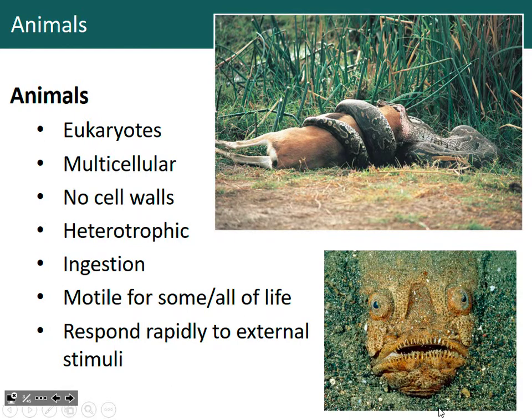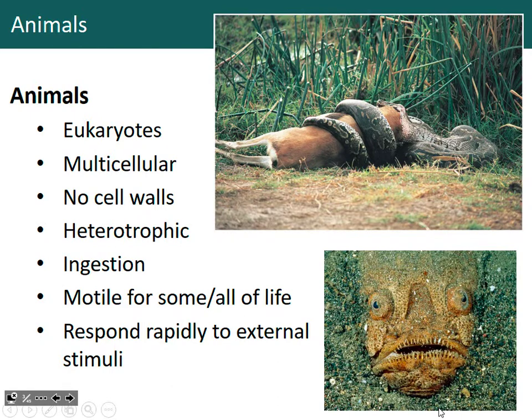And all animals are heterotrophic and conduct ingestion. And we'll talk a little bit about ways in which spiders are kind of an example, or don't directly ingest, but they do still do ingestion. So heterotrophic ingesters means that they have to get their food from other sources, and they have to bring that food into their body in order to digest it.